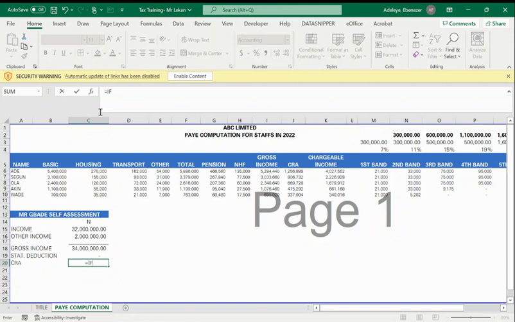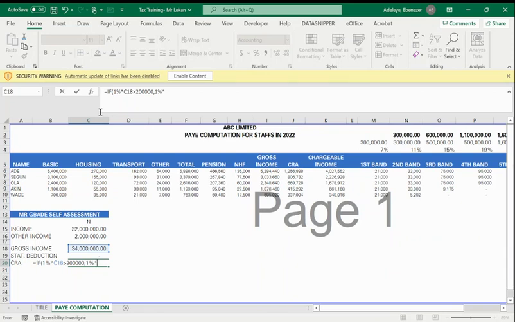If 1% of our gross income is greater than 200,000, let it give us 1% of our gross income. That's it, because it is the higher of the 1% of gross income or 200,000. So if 200,000 is higher, it will pick 200,000.